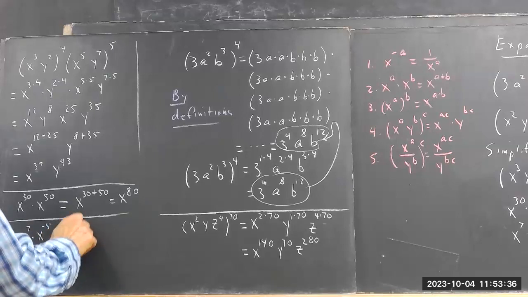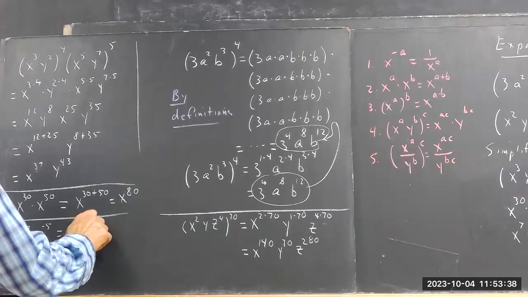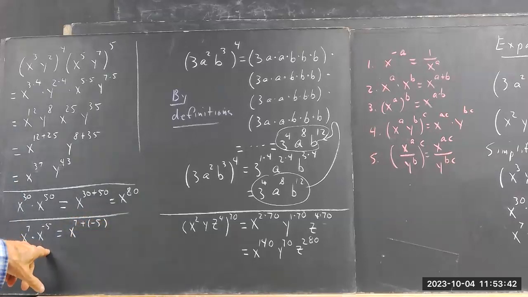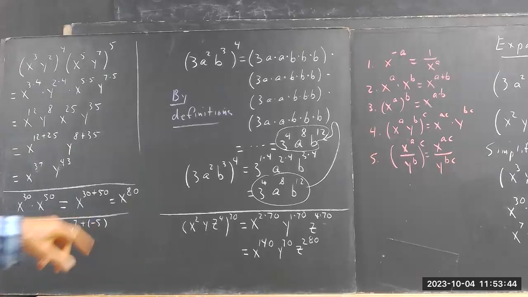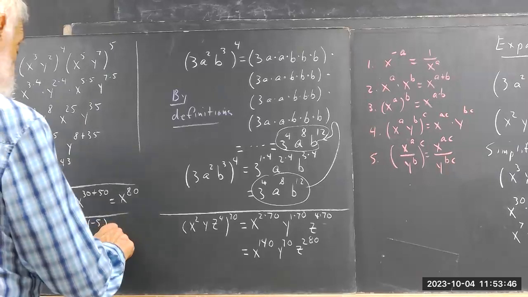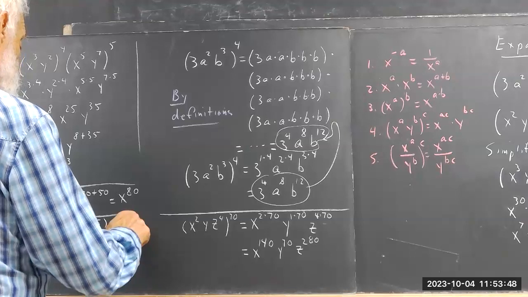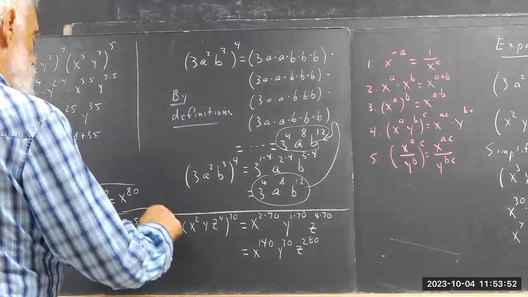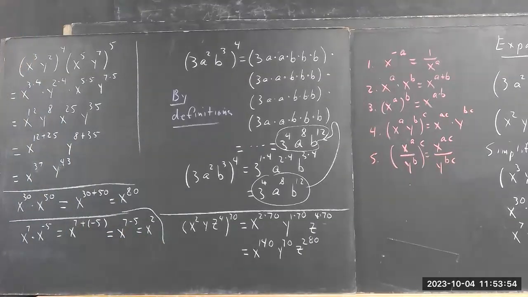Well, that's x to the 7 plus negative 5. You add the exponents. Of course, when you add a negative 5, that's the same thing as subtracting 5. So that's x to the 7 minus 5, which is x to the 2nd power.